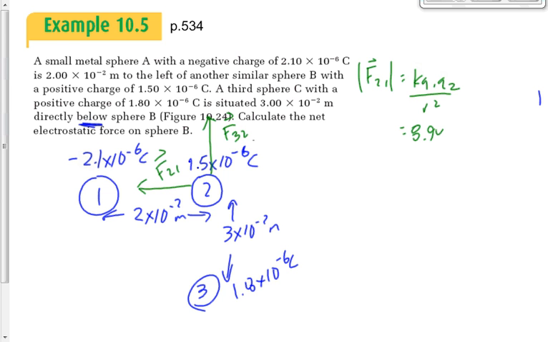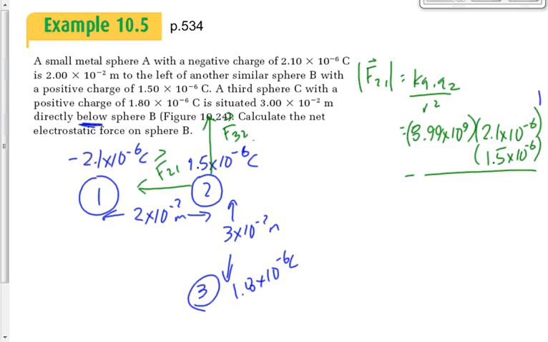We got our numbers here, 8.99 times 10 to the 9, that's that big constant. Q1, we drop the sign of the charge there, right? We always do that. Q2 is, not a big fan of dealing with exponents like that. It just makes it a little bit more cumbersome on our calculator, but it's not that bad, right?